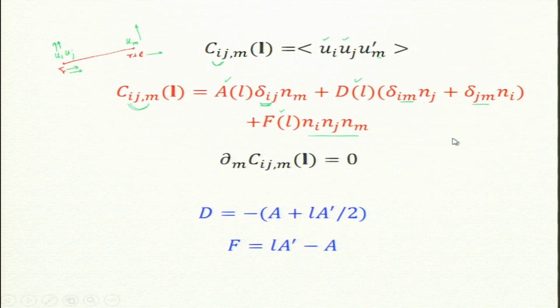It tells you how d and f are related to a and a prime. So I can write d and f in terms of a. So instead of having more variables d and f, we can write them in terms of a using this condition. So basically I have a and al. So Cijm can be written in terms of al and a prime, which is quite convenient.